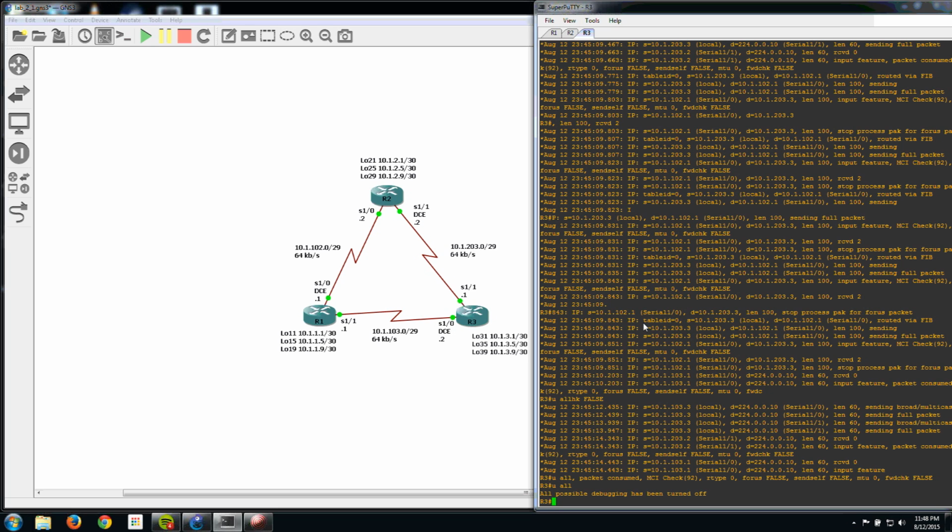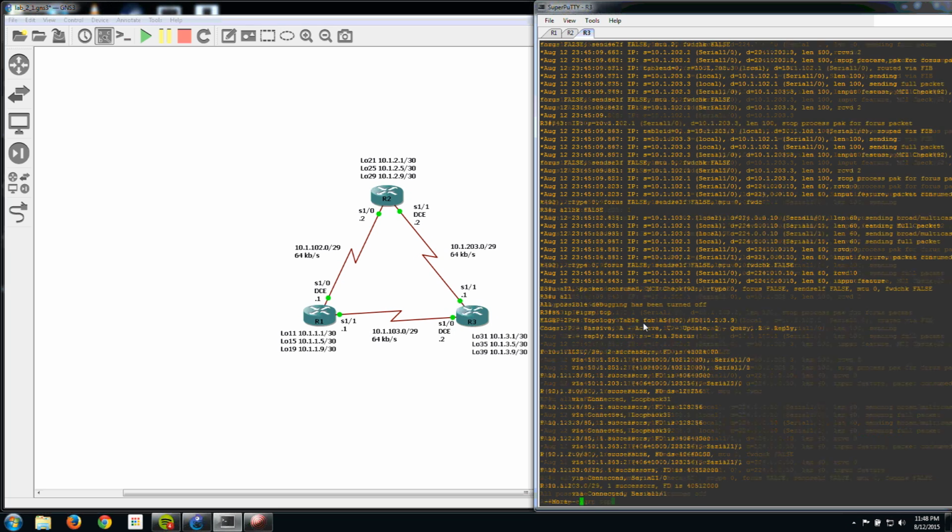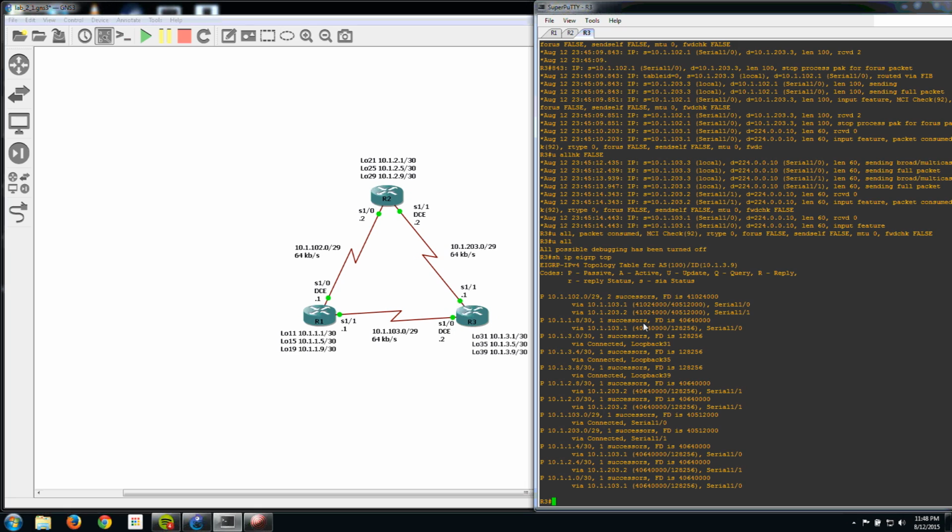Alright. So let's take a look at all of our paths here that we've got. The main one looks like none of the other ones have a second path. The only one that we do is for the 102.0/29, from what we can see.